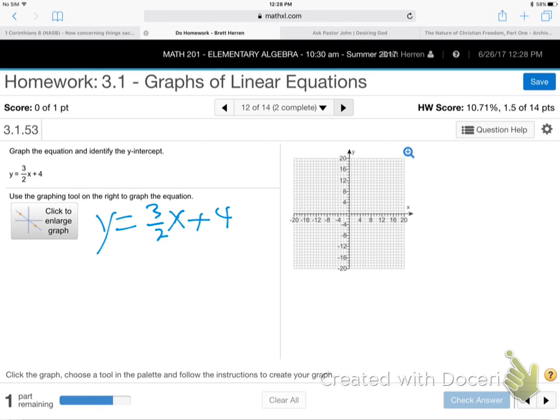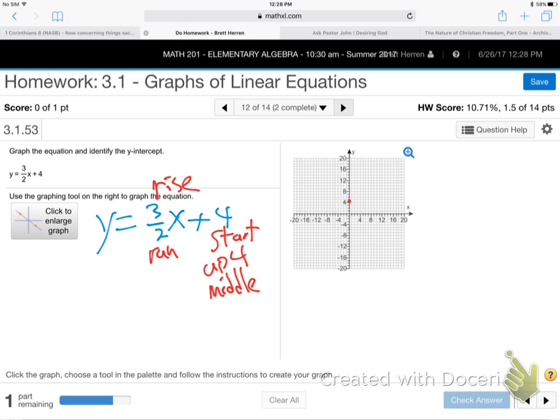All right, we start up 4 in the middle. There we go, up 4 in the middle. And then where do we go from there? Up 3, and you run. Your rise is up, down, run is sideways.